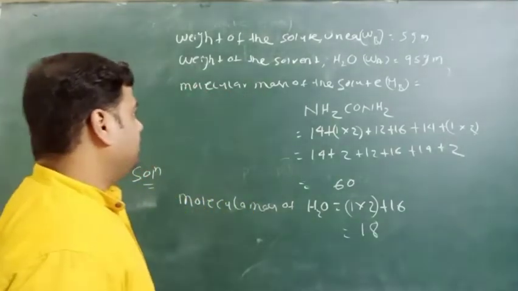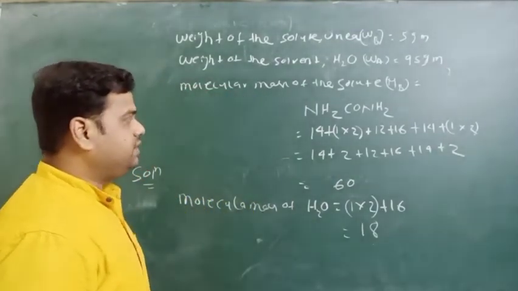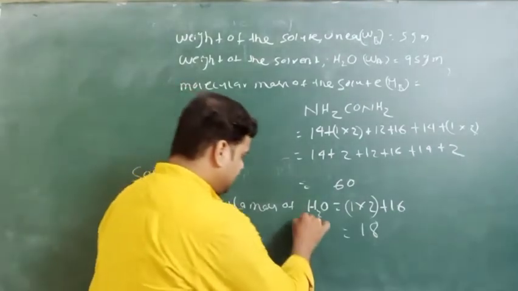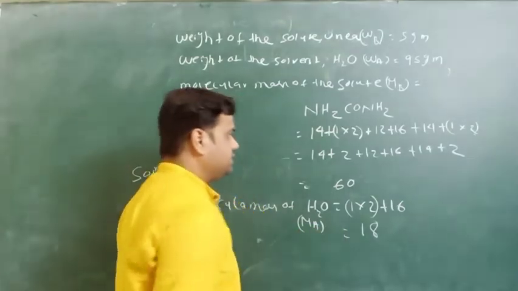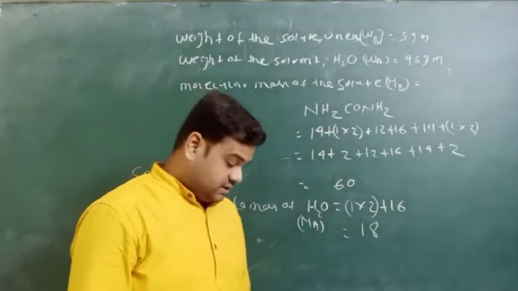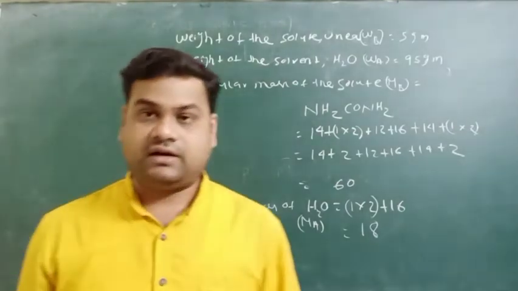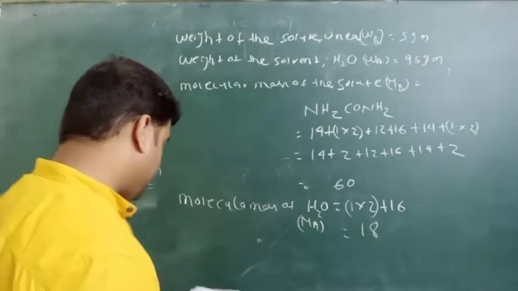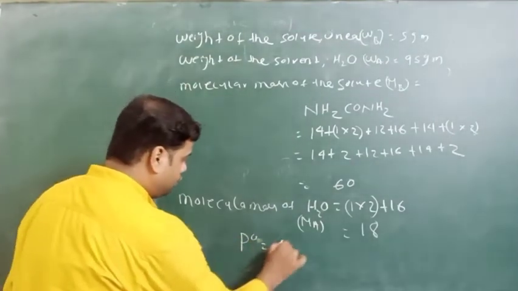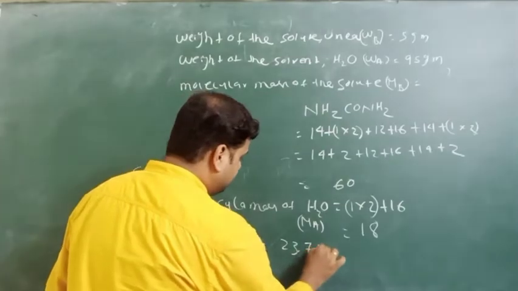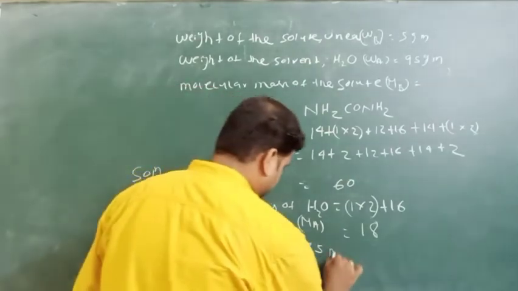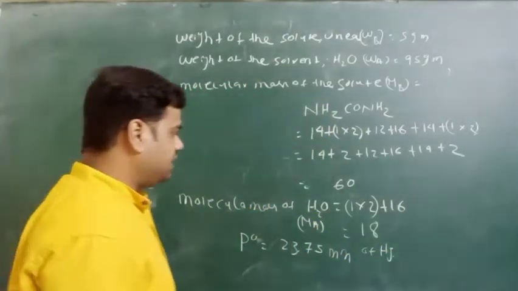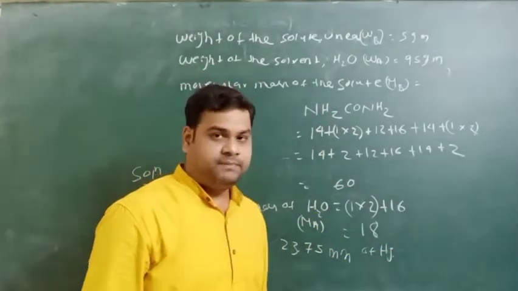So we have WB, WA, MB, and MA equal to 18. We also know that P0, the vapor pressure of water, is 23.75 mm of mercury.